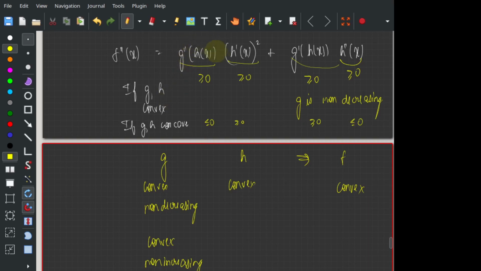The second derivative of g is greater than or equal to 0. The first derivative of g is less than or equal to 0. Yeah. How many questions are left? h is linear. Okay.